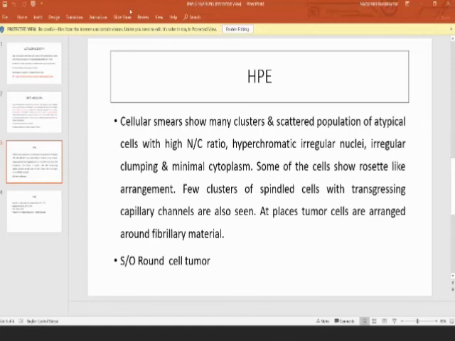There are a couple of things peculiar to RMS in terms of surgical procedures. One is we should know the indications for retroperitoneal lymph node dissection in a child with rhabdomyosarcoma. Any idea when it is indicated? Don't know, ma'am.